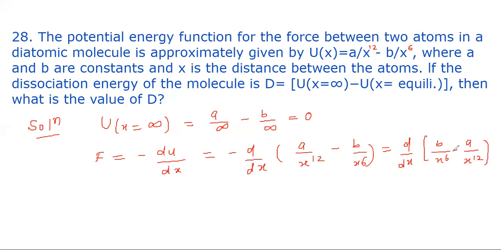Now we differentiate it. So this will become minus 6B divided by x power 7, and this will become plus 12A divided by x power 13.